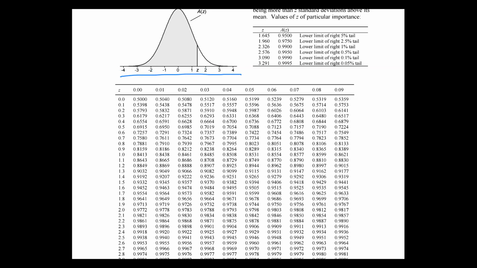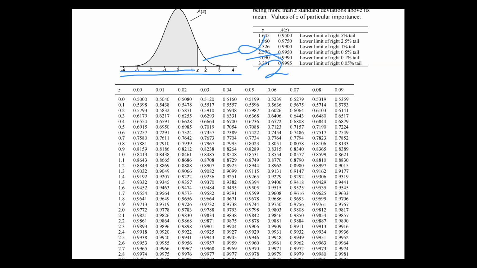Now, since this area is greater than 0.5, you always just have to subtract your alpha, the area to the right of your Z value. And that area to the right of your Z value is alpha. If it is double-tailed, it will be alpha over 2. So you say 1 minus alpha over 2.